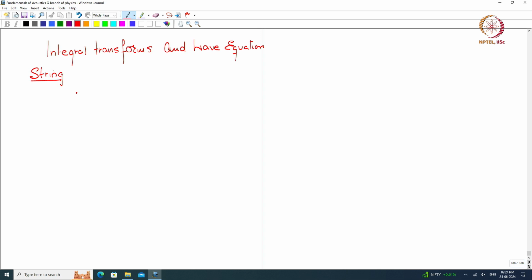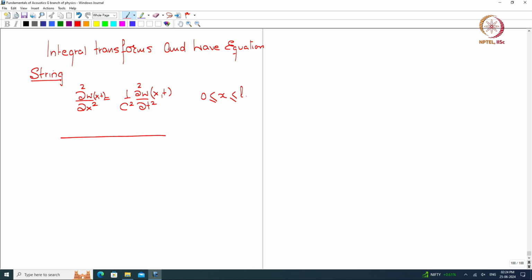Let's say we have del 2 W by del x square is equal to 1 over c square del 2 W(x, t) by del t square, and let us say this is a string between these two limits.